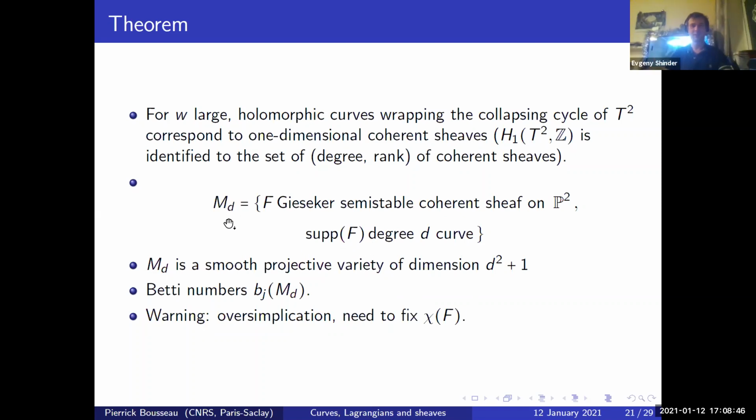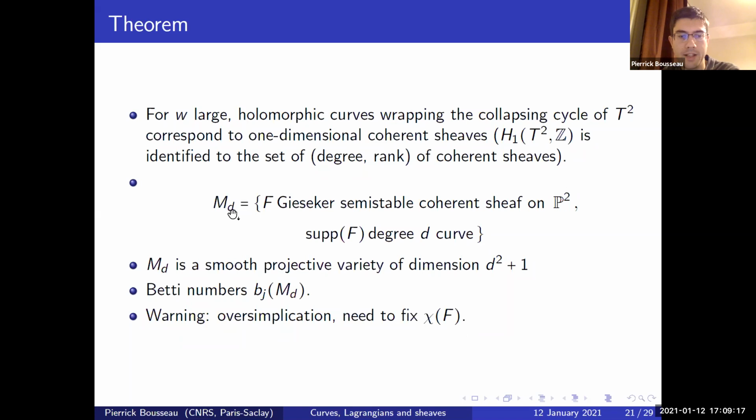Certainly, this space was first introduced by Le Potier in the 90s, and various things were known about it, and in low degree it was studied. And maybe I should say, here I'm slightly lying. The moduli spaces are really moduli spaces MD chi. They not only depend on D, they also depend on chi, which is the holomorphic Euler characteristic of the sheaf.